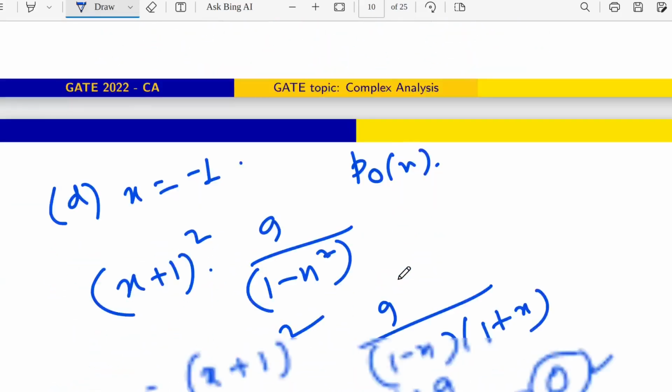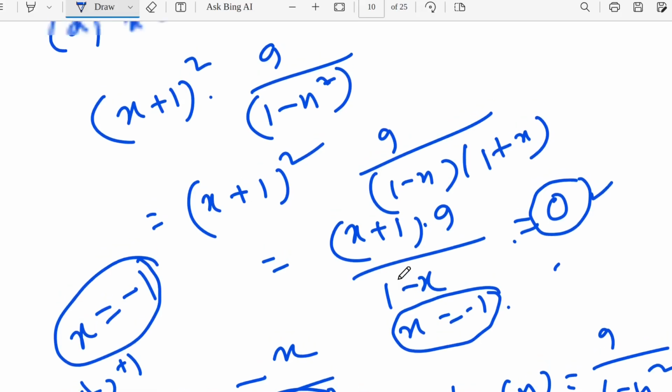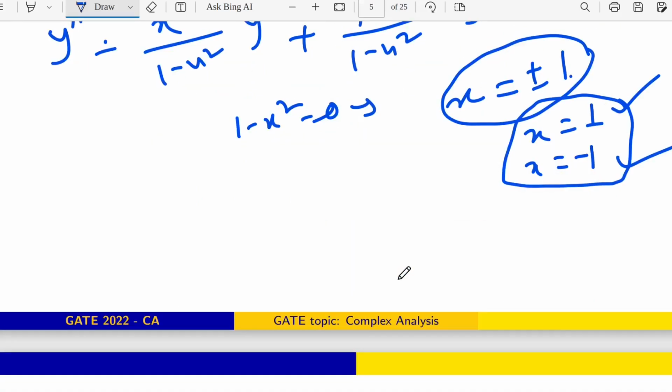Now coming to the next one, at x equals minus 1. Similarly, if I calculate p0(x) for x equals minus 1, I am getting 0. That is again a finite value. So at x equals minus 1 also, p0(x) has a pole of order 2. So you can see that whatever I was writing in that expression is exactly satisfied for these two conditions and for these two values, x equals plus 1 and minus 1.